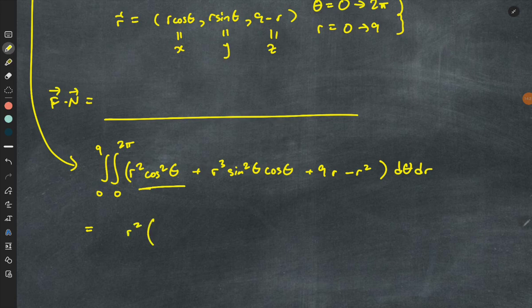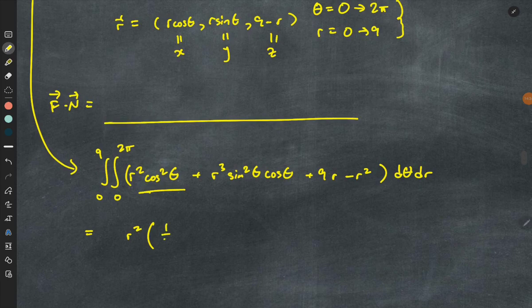If you have an integral table, you just look up the formula for cos squared theta. It's just 1 over 2 theta plus sine 2 theta over 4. And obviously you're going to go from 2 pi to 0.